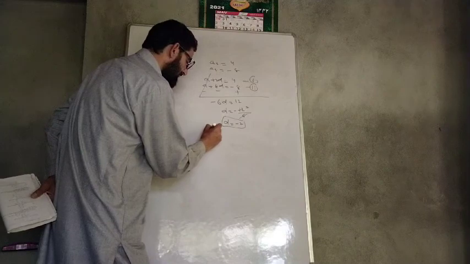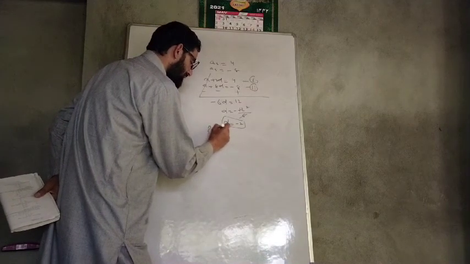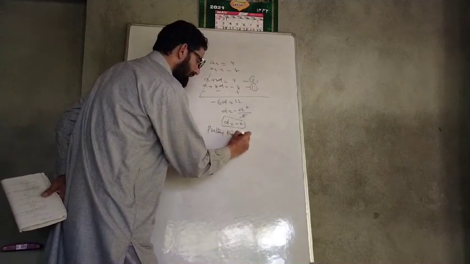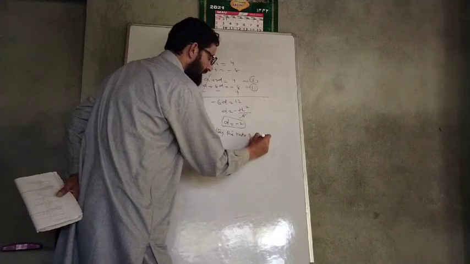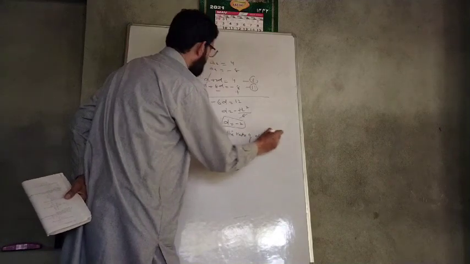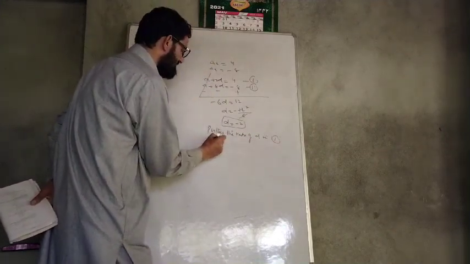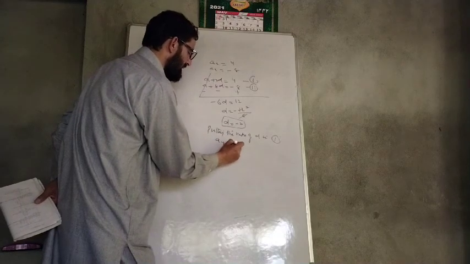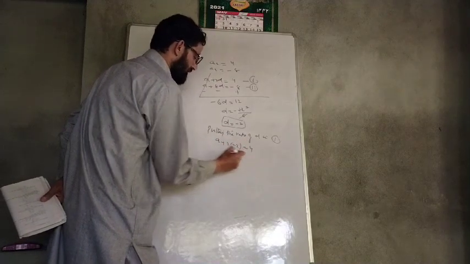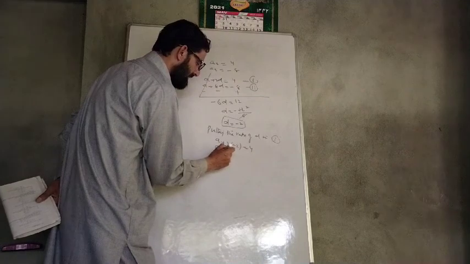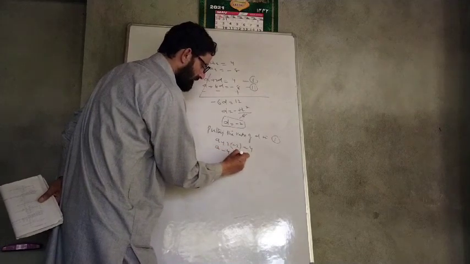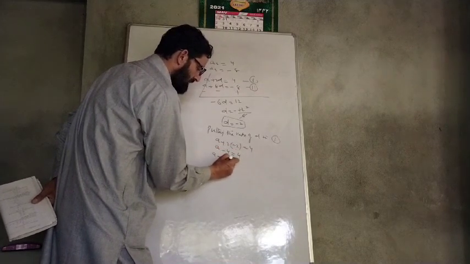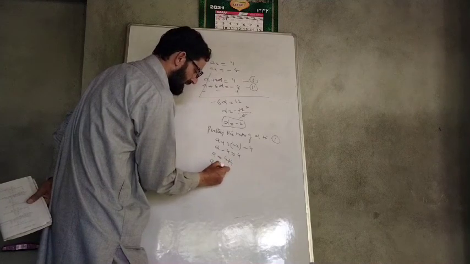Now putting the value of d in equation first. So what is our equation first? This is a plus 2 into d, which is minus 2, is equal to 4. So a minus 4 is equal to 4. A is equal to 4 plus 4. What is a? A is equal to 8.